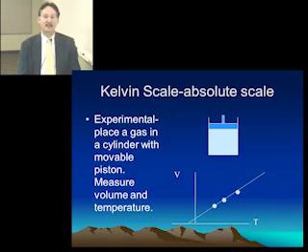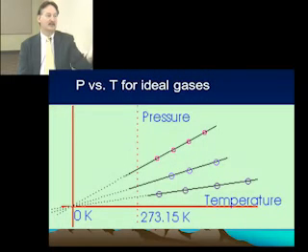And that linear relationship, once again, shows that the line we get for the data extrapolates to some point below the 0 Celsius degree point on the axis.